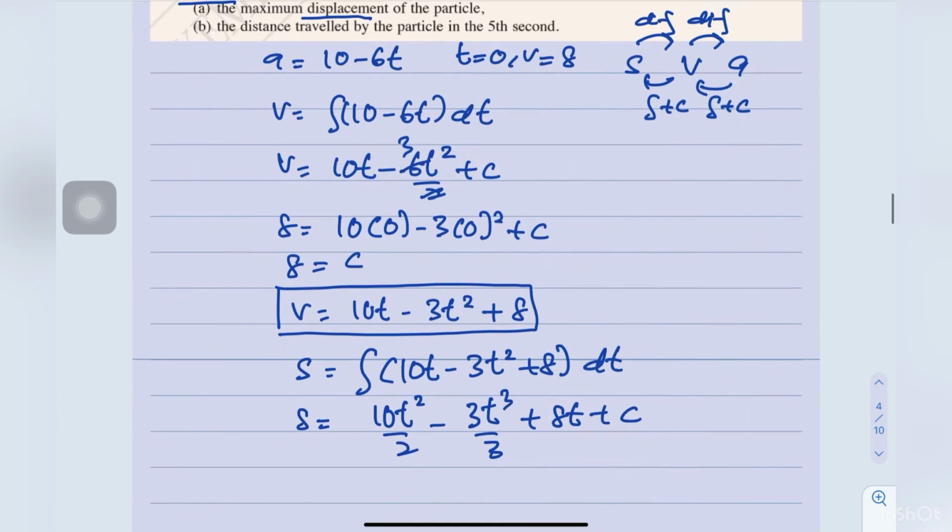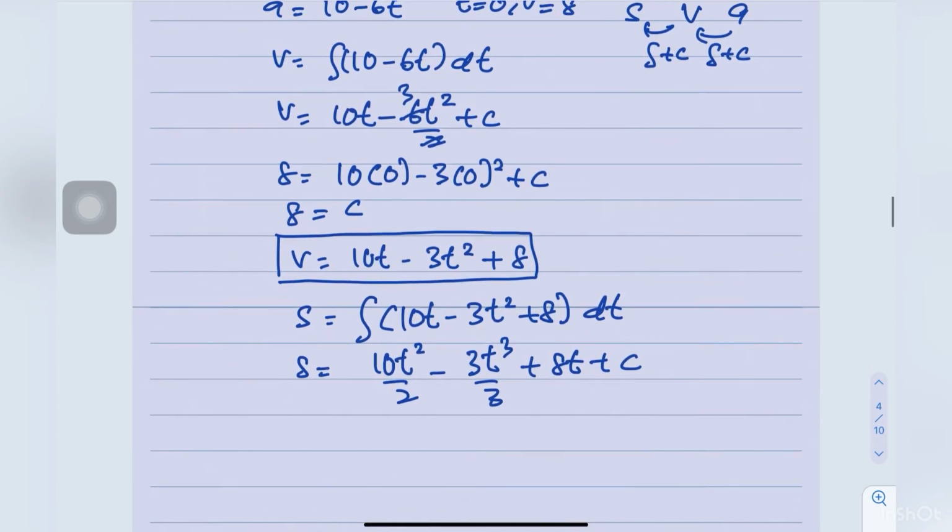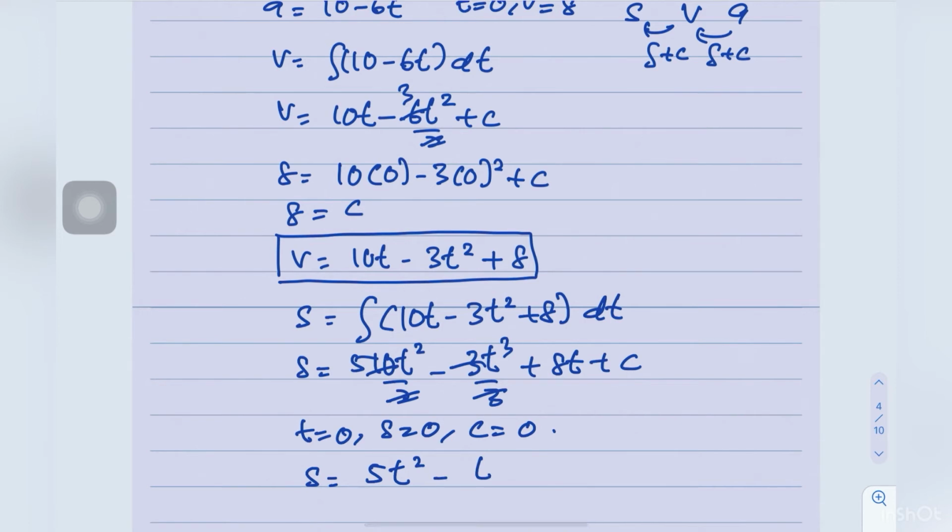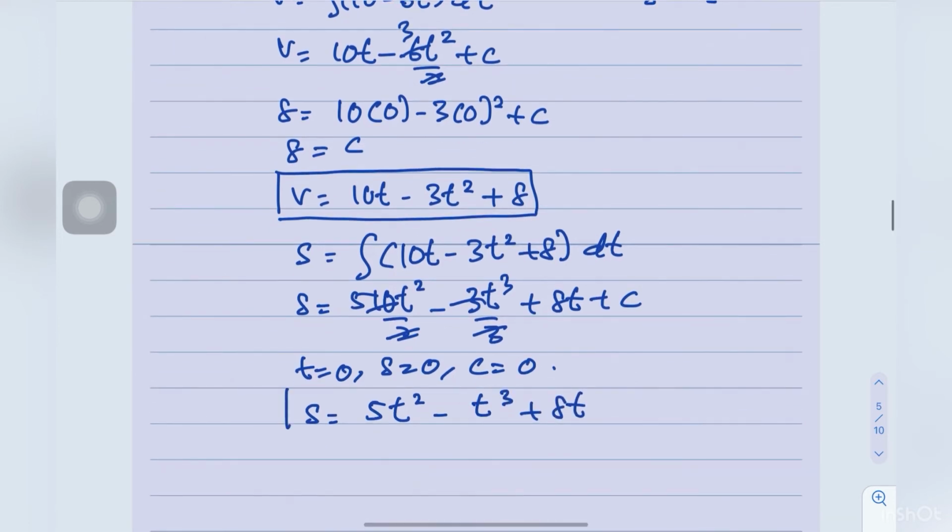We assume c equals 0 because no information is given: when t equals 0, S equals 0, then c equals 0. Simplifying, S is 5t squared minus t cubed plus 8t. So this is the function of displacement.